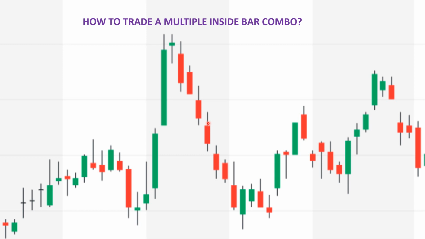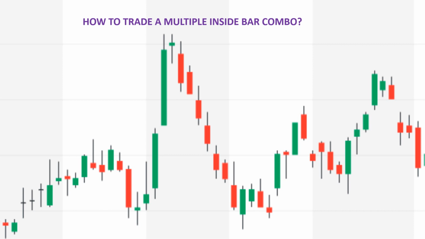We can exit the trade at the open price of this candle, the fourth candle. For risk management, we can set the stop loss 1 ATR above, and we can put 2, 3 or 4 ATR below for profit target.